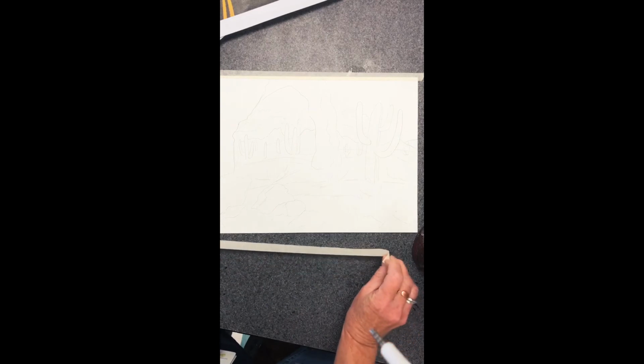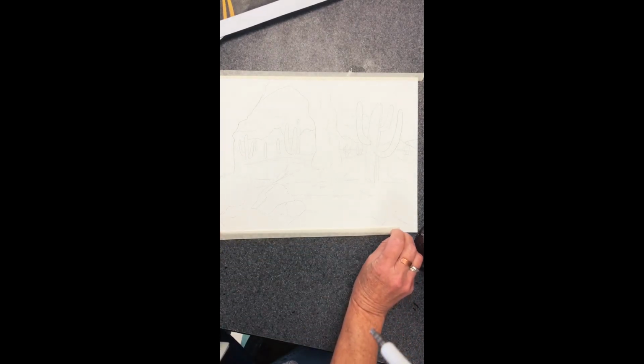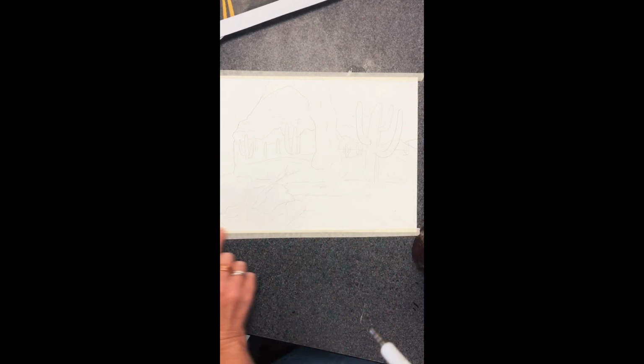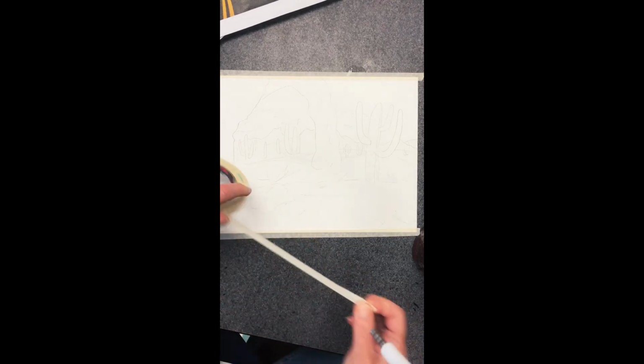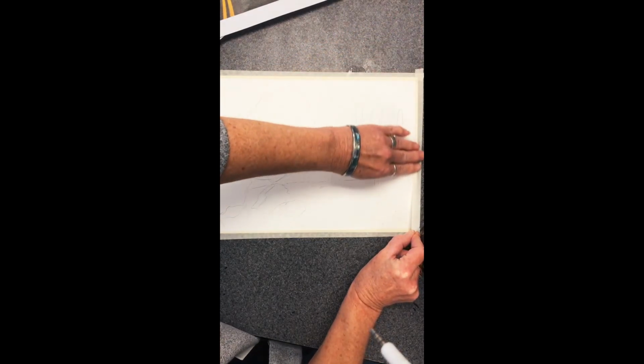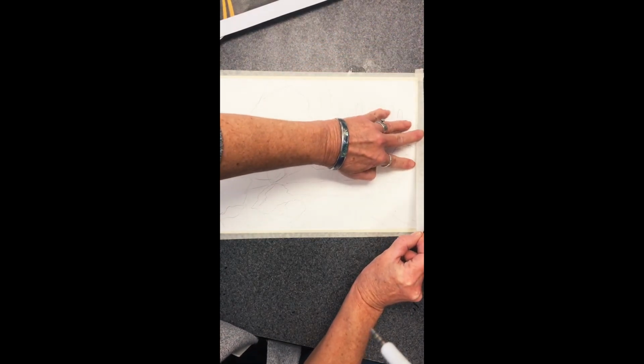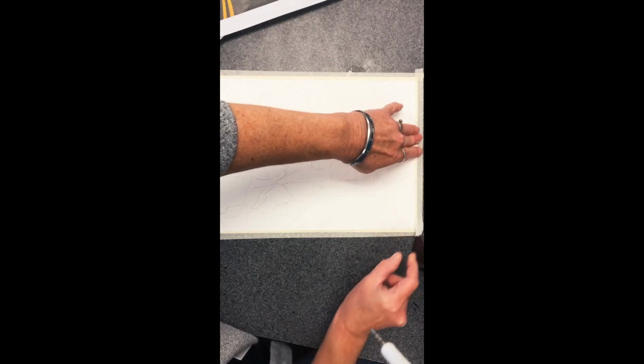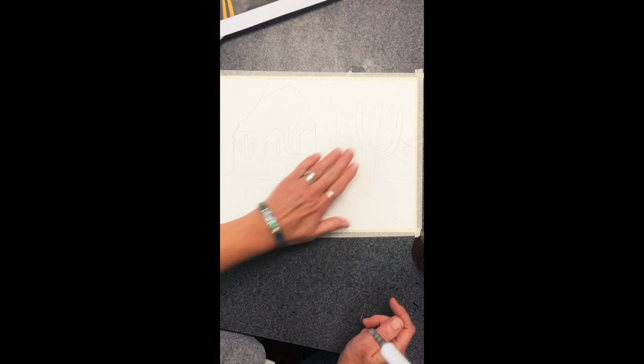So you're just going to put a very thin border around your edge. There we go. So now it's all taped down, and then we'll go through the watercolor process.